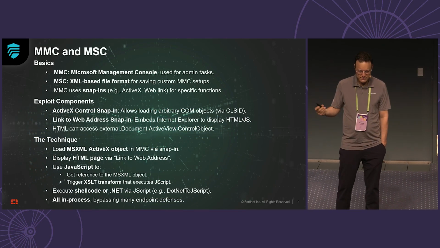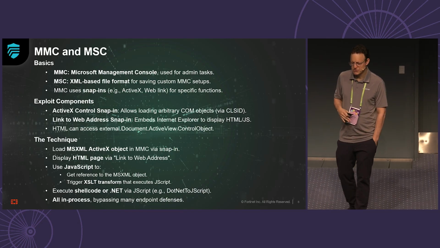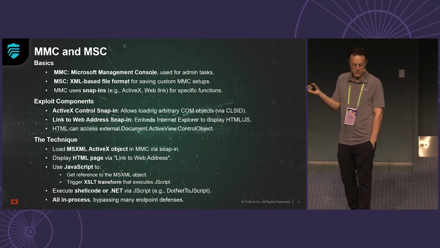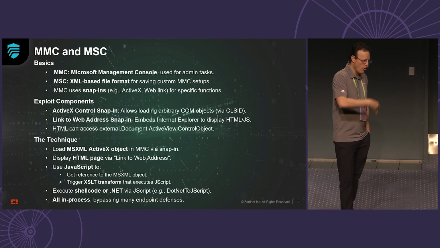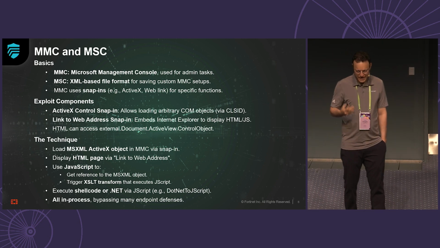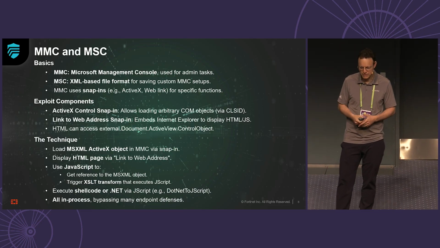So the basics: MMC, Microsoft Management Console, is used for administrative tasks. You've all used it. MSC is the XML configuration file opened by MMC. And MMC uses snap-ins to open specific system components, right?